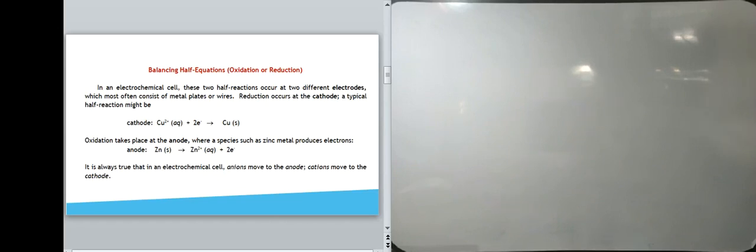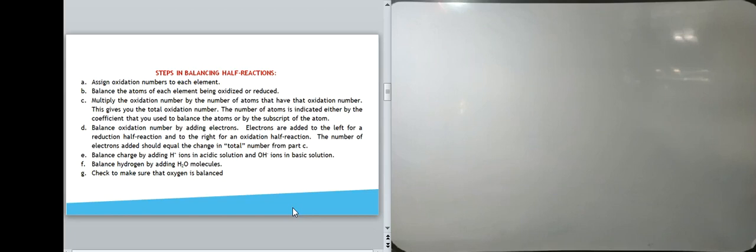It is always true that in an electrochemical cell, anions move to the anode and cations move to the cathode. So we have here steps in balancing half reactions. First, assign oxidation numbers to each element.